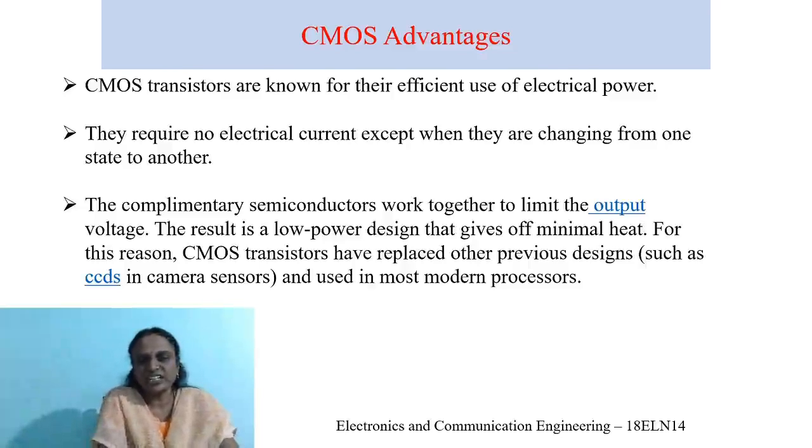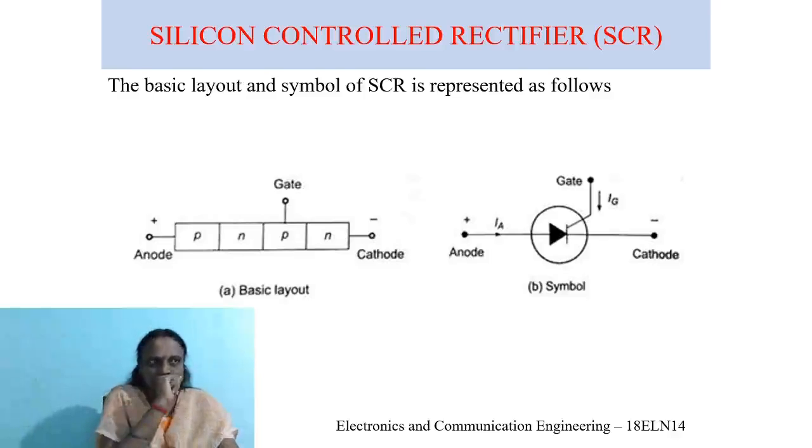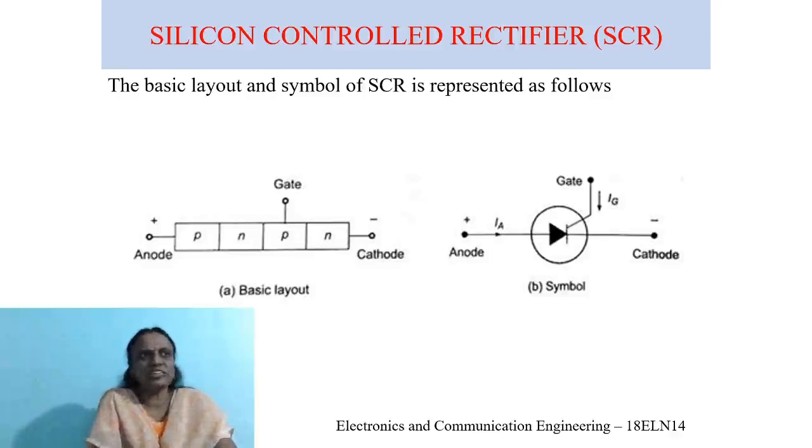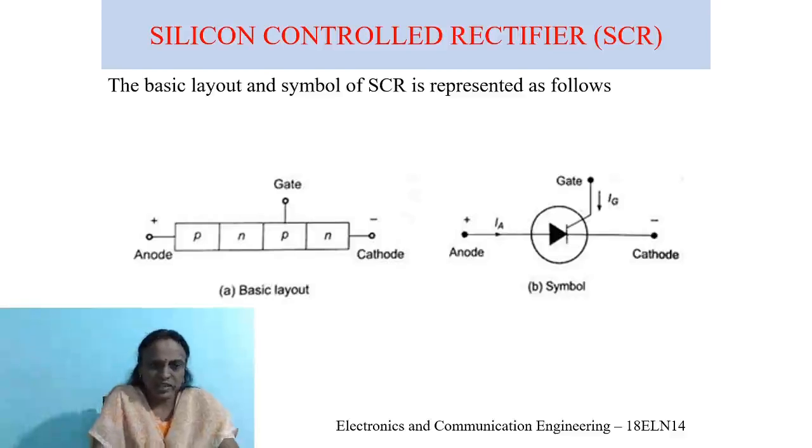Having this little knowledge of the CMOS technology, we are going further to the SCR. SCR is silicon controlled rectifier, shortly known as SCR. It's a switching device widely used in power control applications. It is a 4-layer device, namely P, N, P, N, with anode, cathode and gate terminals.